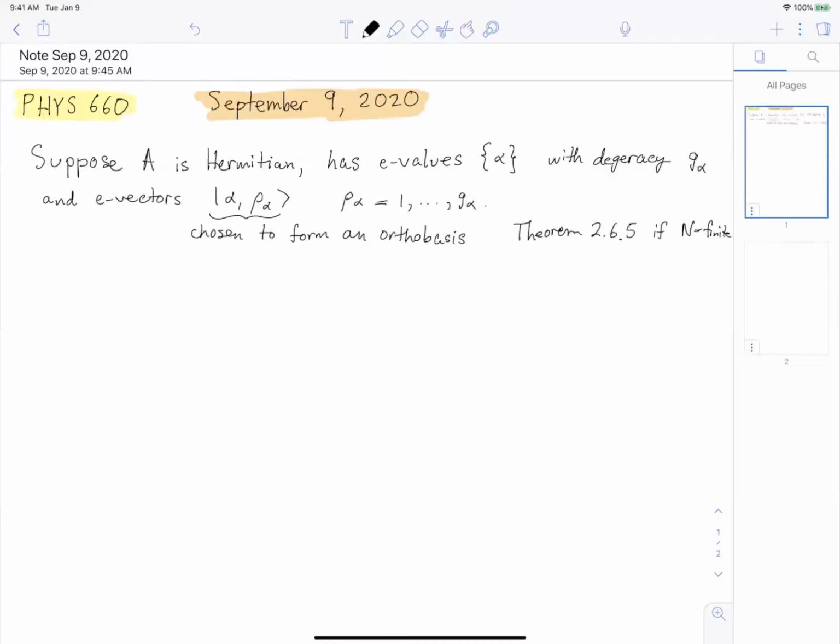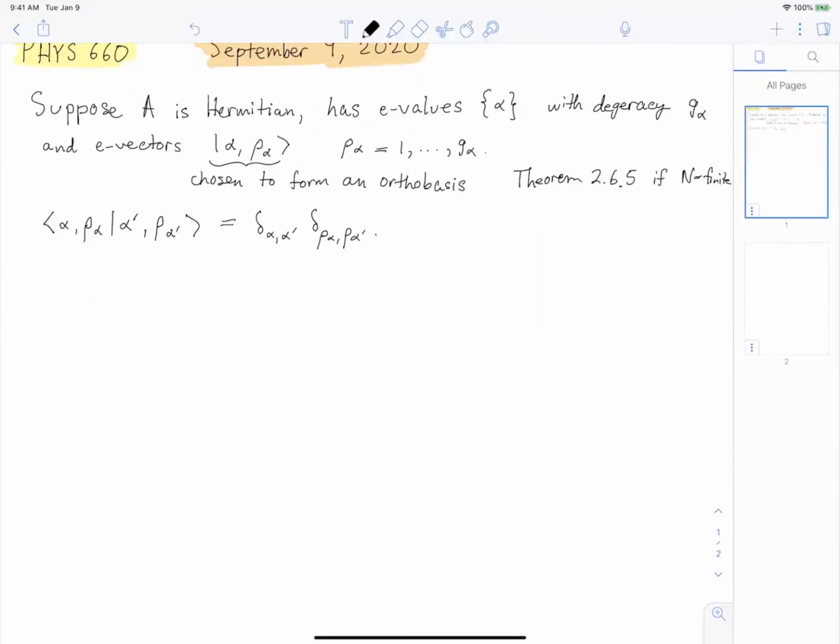What does that mean? That means that if we take the inner product of alpha rho alpha with some other state, alpha prime rho alpha prime, that's one if and only if the states are the same. So that's Kronecker delta delta alpha alpha prime, but we also need Kronecker delta rho sub alpha rho sub alpha prime. So those are an orthobasis if n is finite.